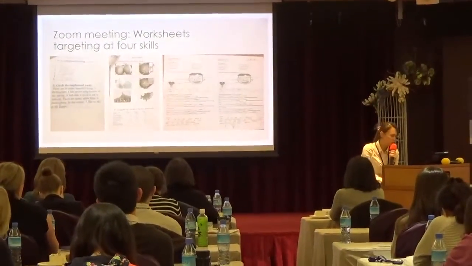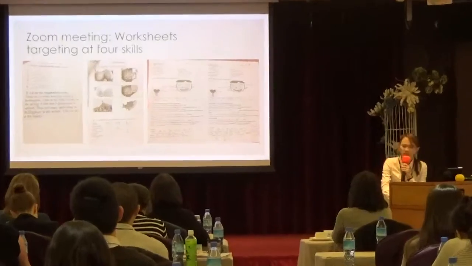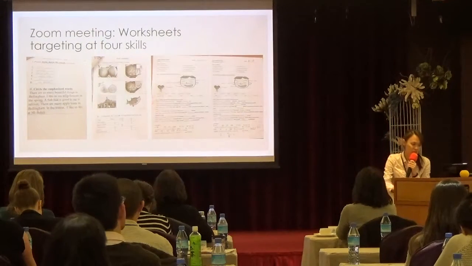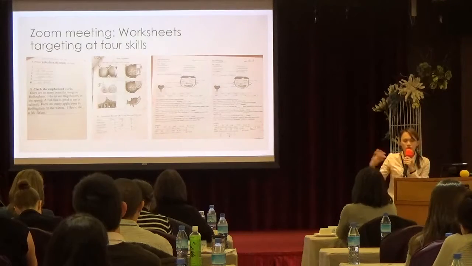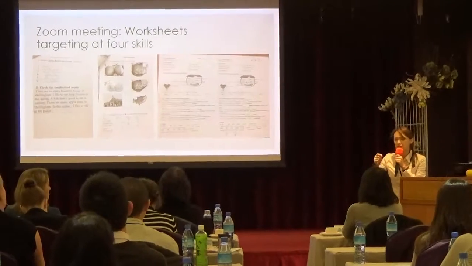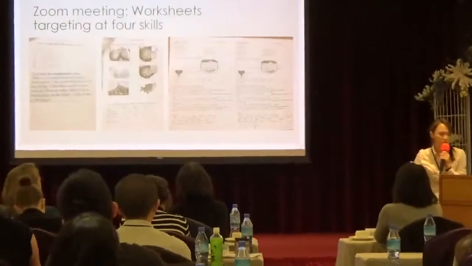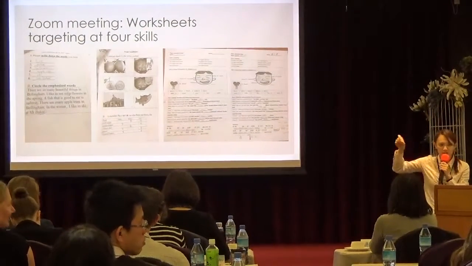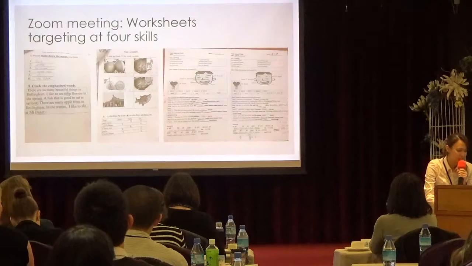We give them a picture and they do the comprehension check. Then we read a passage, and students listen carefully to what I like or what our club partner likes, and check.